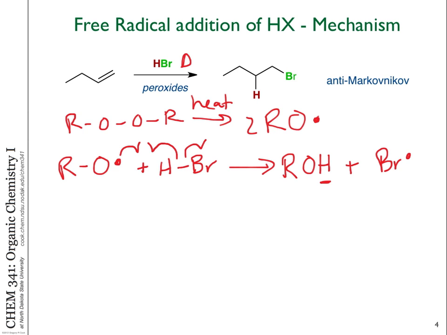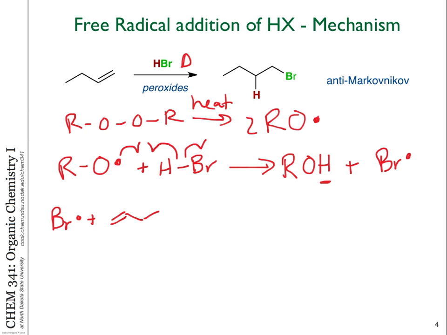So now once you've done that, what do you think that bromine free radical can do? It ends up on the organic product somehow. So what do you think it does with the alkene? Well, it's forming a bond, right? And what is the reactive part of that organic molecule?